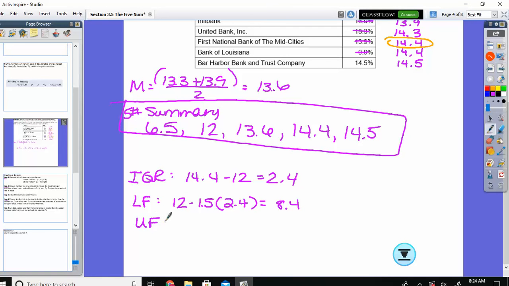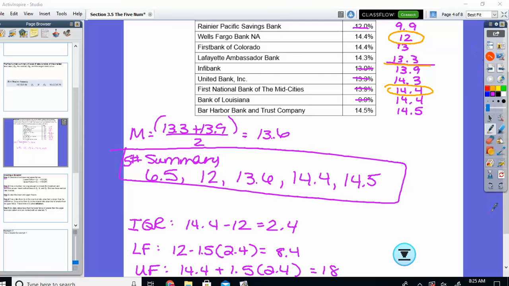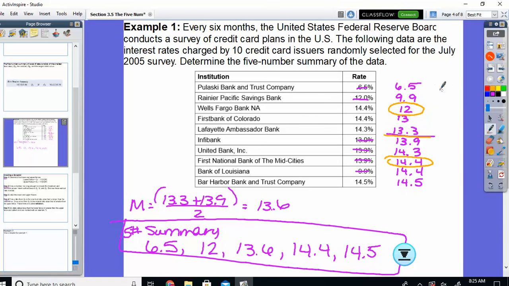Then we need the upper fence, which is quartile 3, so 14.4, plus 1.5 times the interquartile range, the 2.4. And we get 18. All right, this is so we know if we have any outliers. Do we? Yes. I'm looking at my data. The first point is 6.5, that would be an outlier.